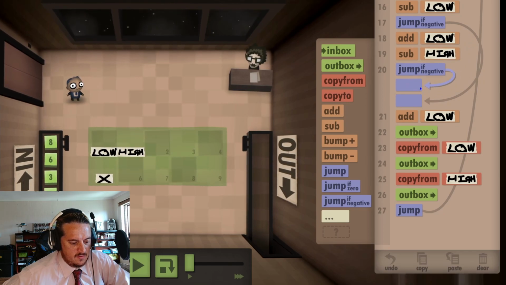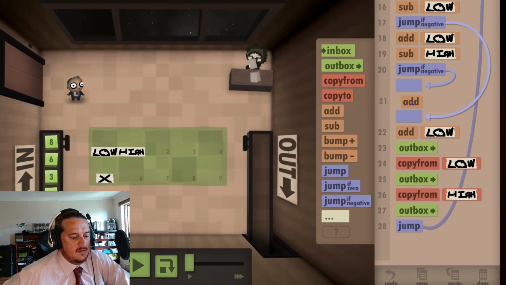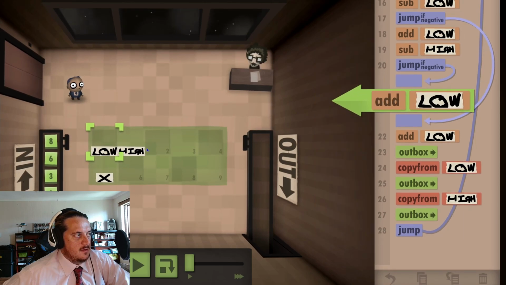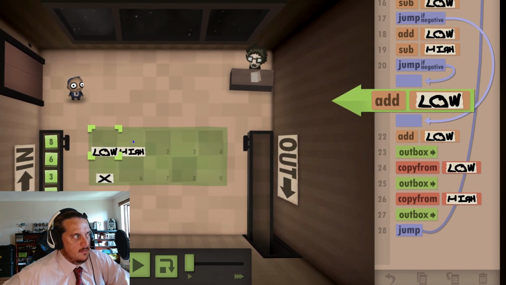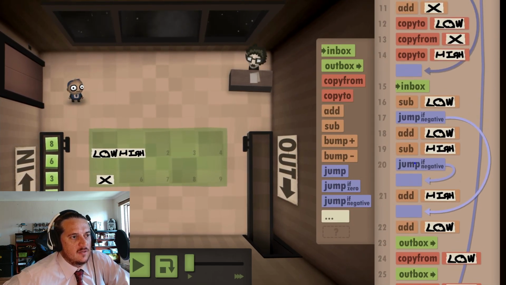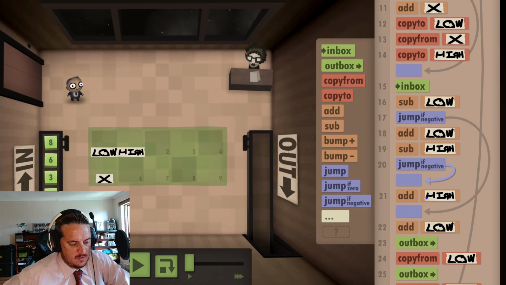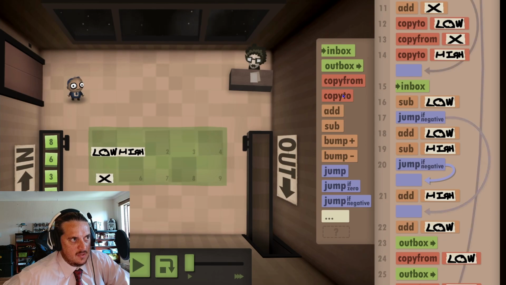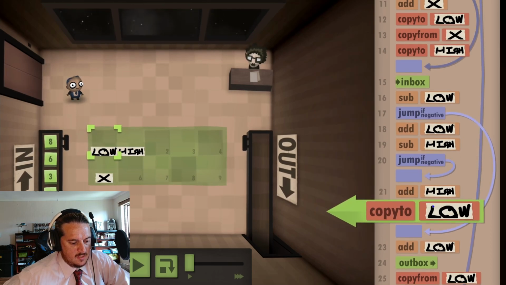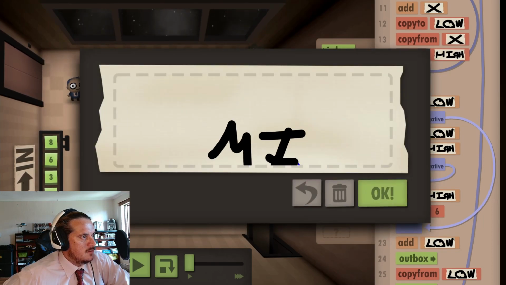That's negative. I'm going to add... so minus 1, right? So a minus 1, I'm going to add 1, and then we're going to save this as middle, and I think this then becomes middle, right?